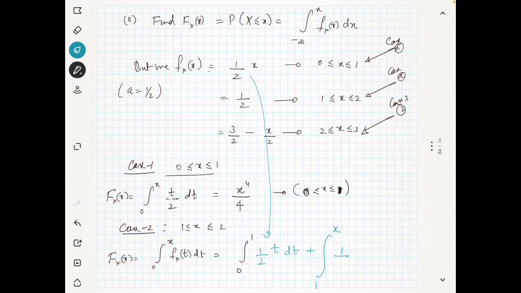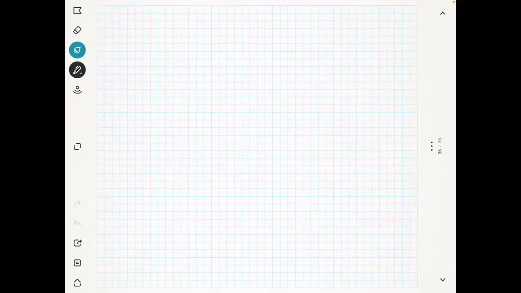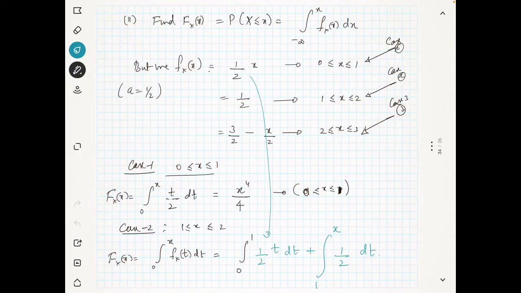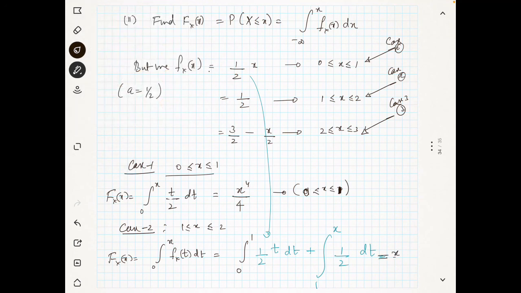If you integrate this, you will get the answer x by 2 minus 1 by 4.